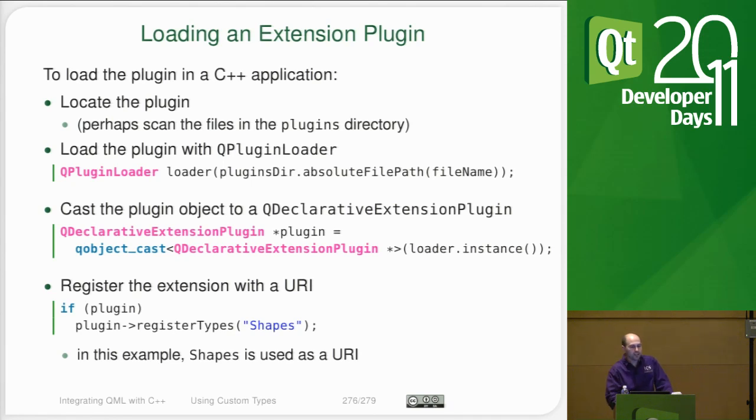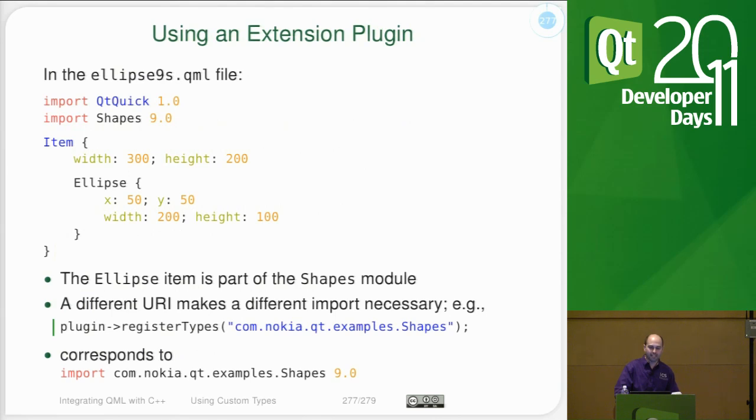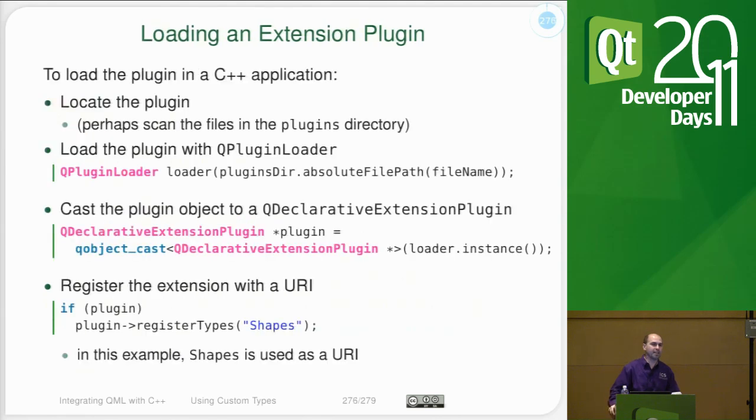So you can either load these plugins yourself using the Q plugin loader, or you can simply manipulate the QML import path by manipulating static functions on Q application or setting the QML import path environment variable.